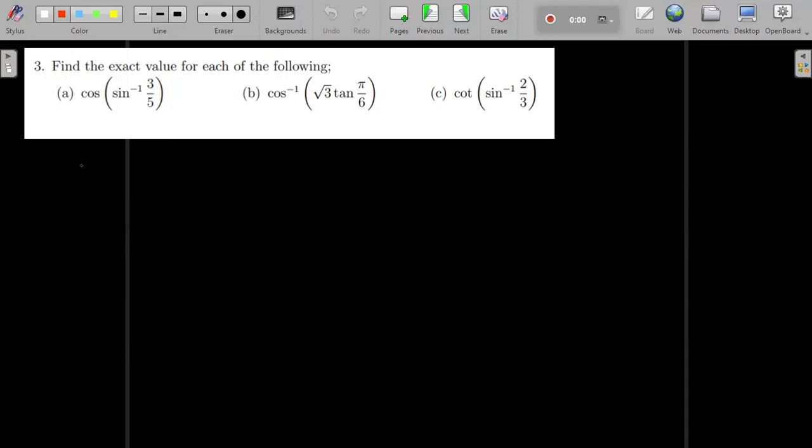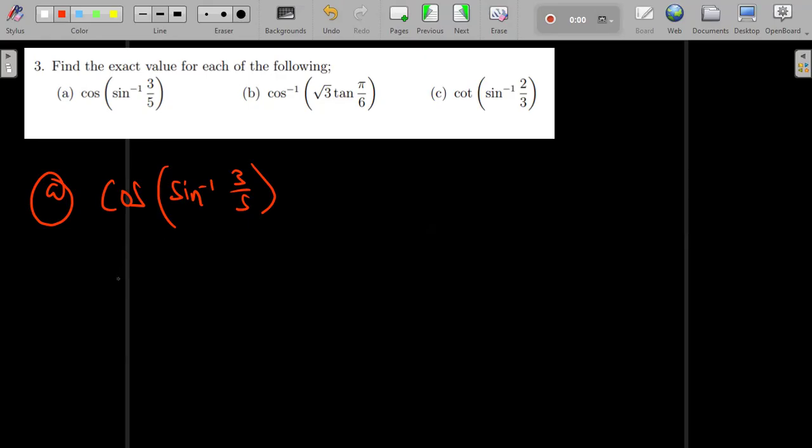So here, the first one, we have cos, and then we have sine inverse of 3/5. So how can we evaluate this? How can we solve this without using any calculator at all?